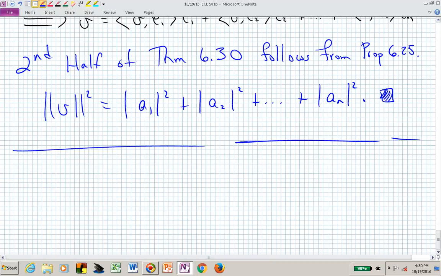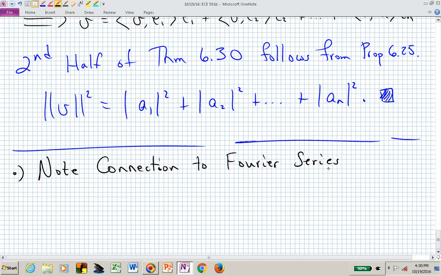That's our orthogonal decomposition. And in fact, you've probably seen that before, maybe not thinking of it in those terms, but you now can start to note the connection with Fourier series.